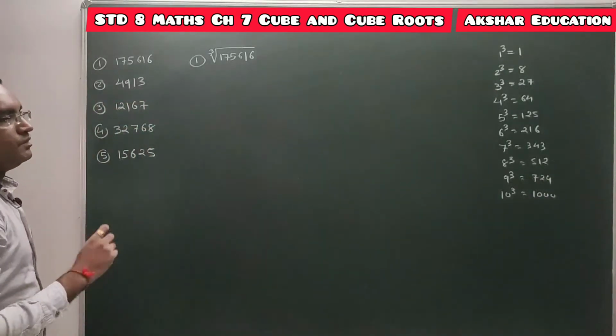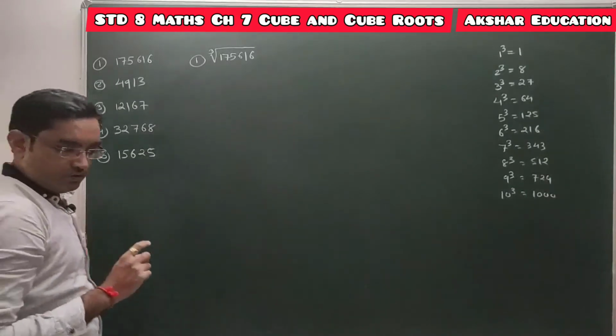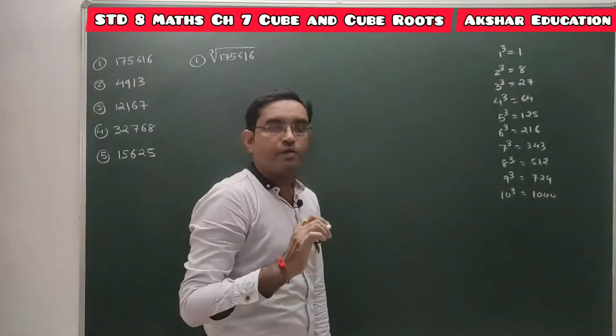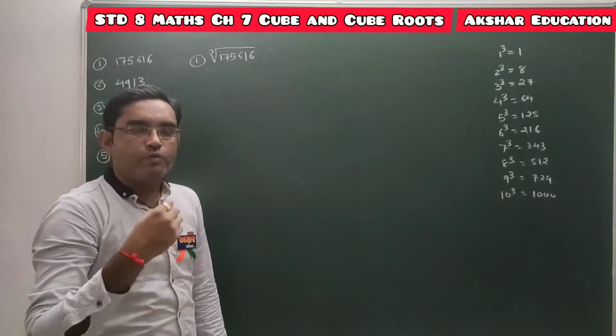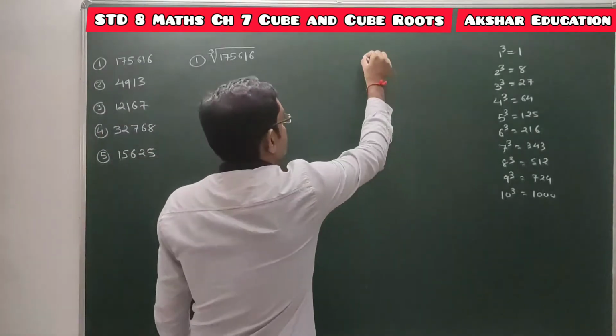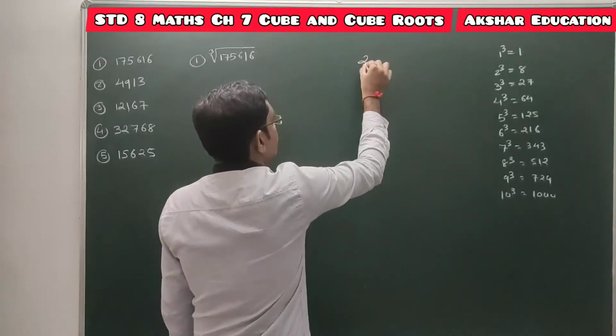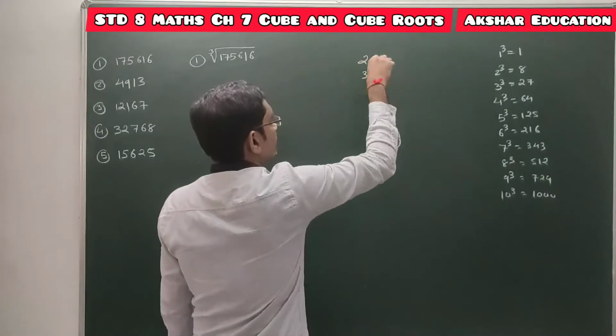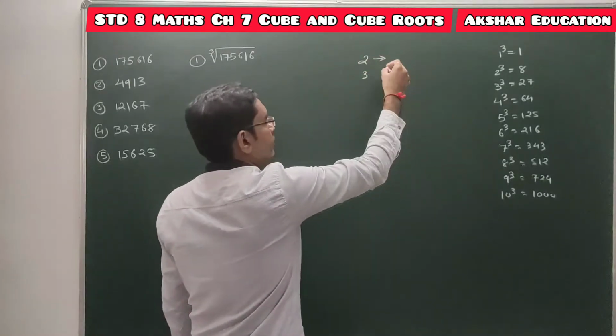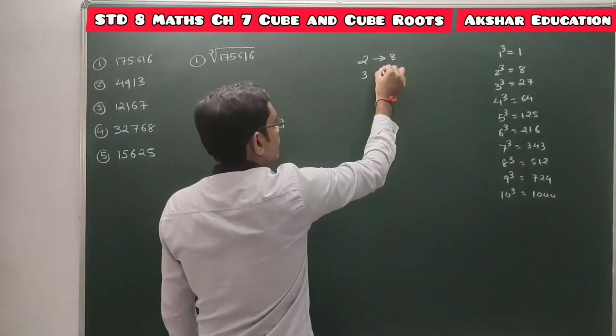Now second, we have learned one property regarding the cube root. We have discussed that if the unit place digit of a perfect cube is 2, then its cube root has unit place digit 8.